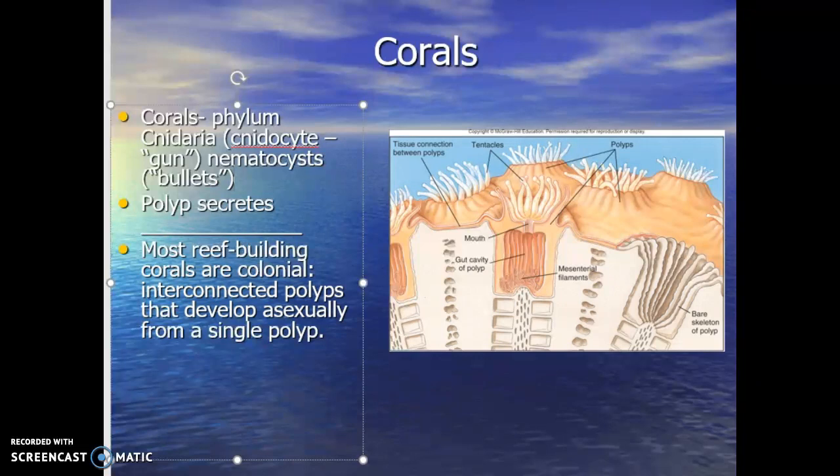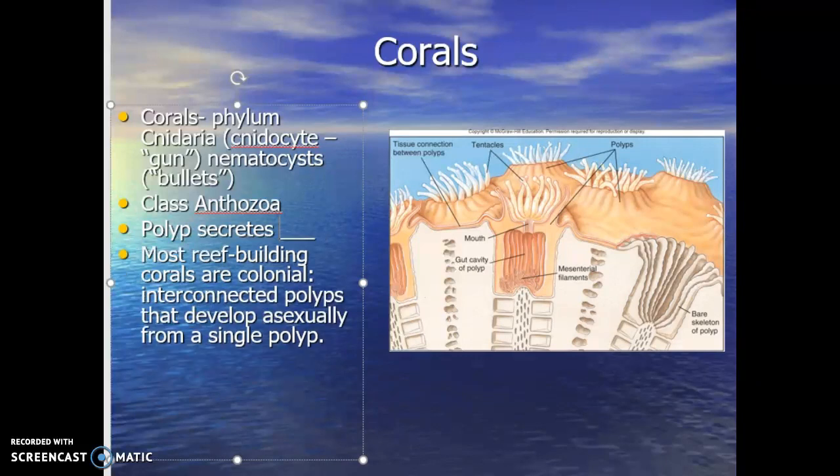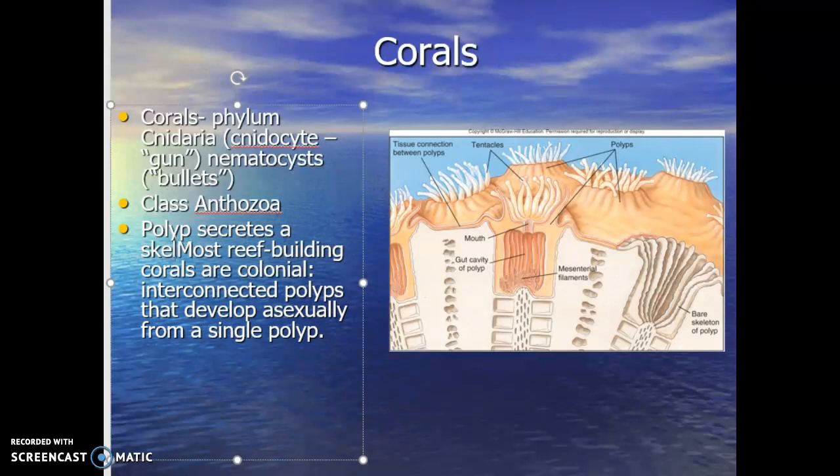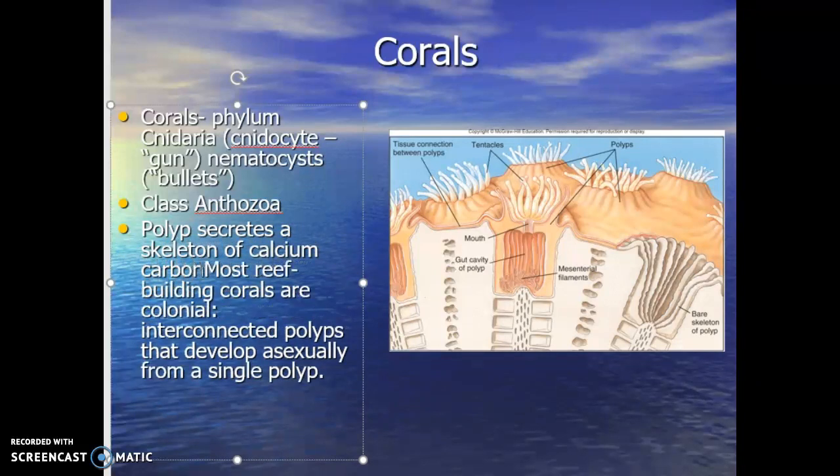Now corals drop further down into the class Anthozoa because of the other key features and the structures that we want to look at that are associated with the members of Anthozoa. Okay, so now with Anthozoa, when we talk about corals, the polyp secretes a skeleton of calcium carbonate.